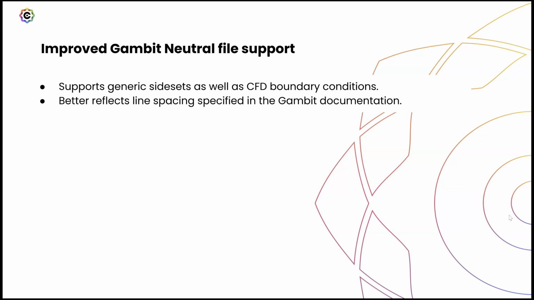There may still be a few variations from the documented Gambit neutral file, but I had never seen the actual Gambit neutral file documentation prior to working on this time. So we just kind of reverse engineered it previously. We now have access to that documentation. That's been good. If you are a Gambit user and you need that Gambit neutral file, it works better now.